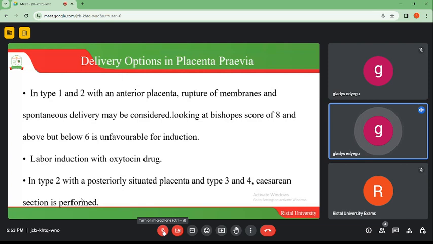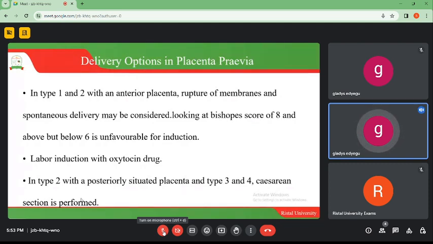So for the anterior, there is a possibility of vaginal delivery. So when you realize that this mother has type 1 and 2, which is anterior, you can rupture the membranes and then spontaneous delivery can be considered. Looking at Bishop's score of 8 and above, but below 6 is unfavorable for induction.